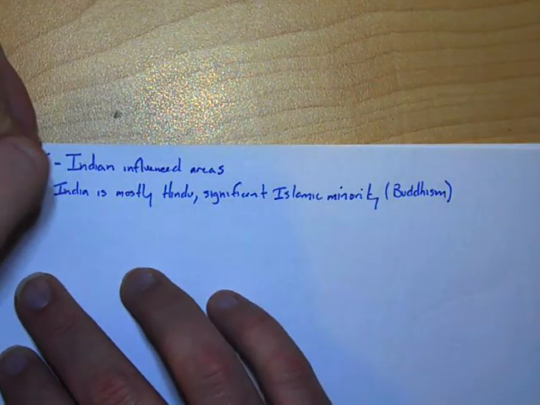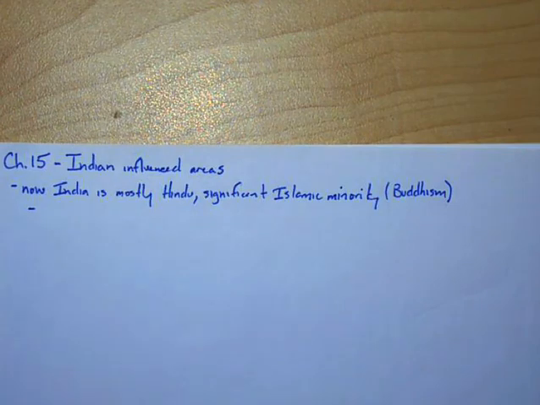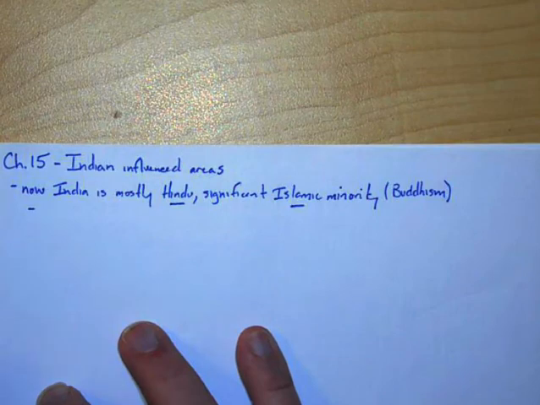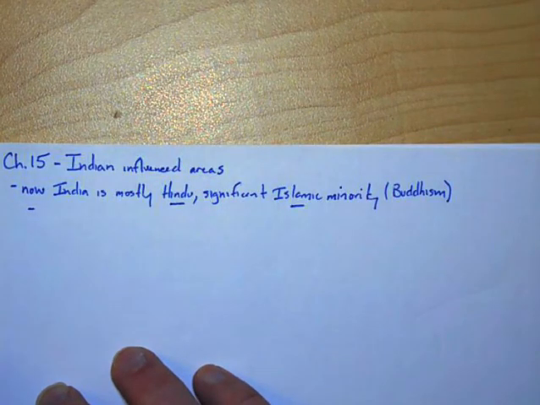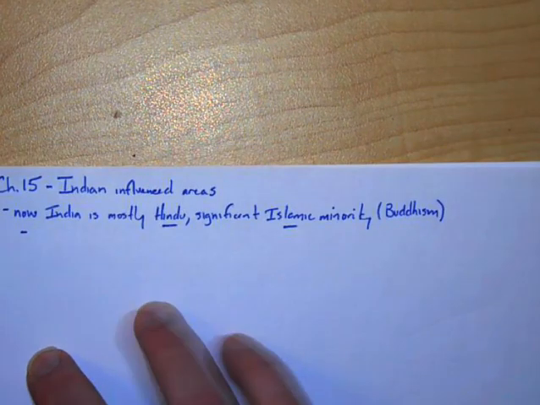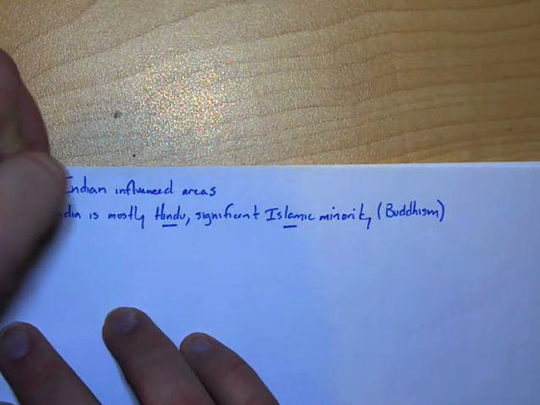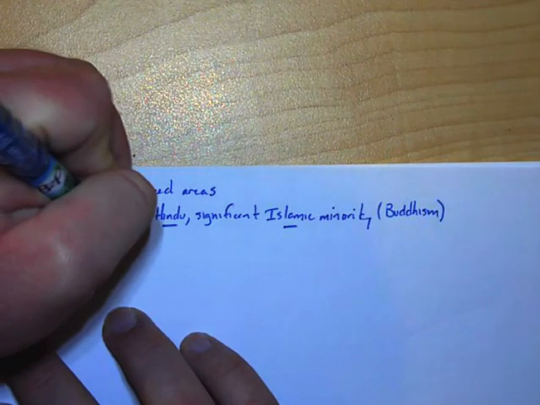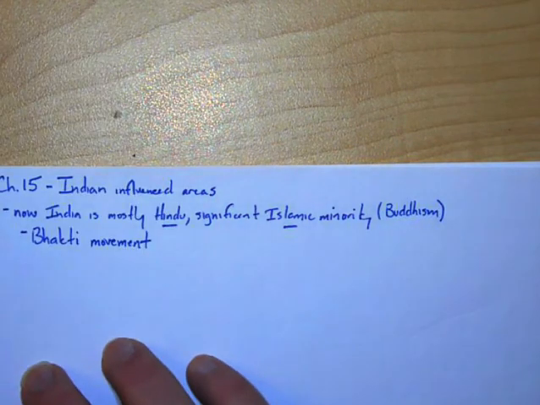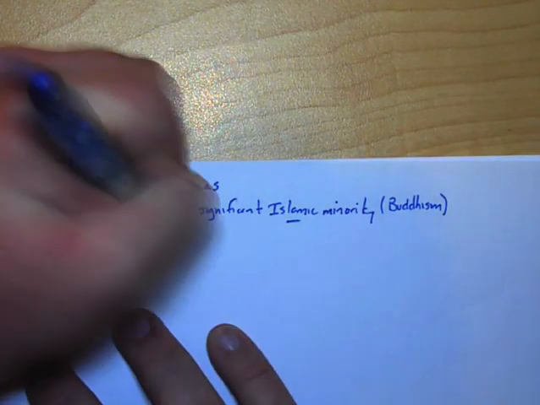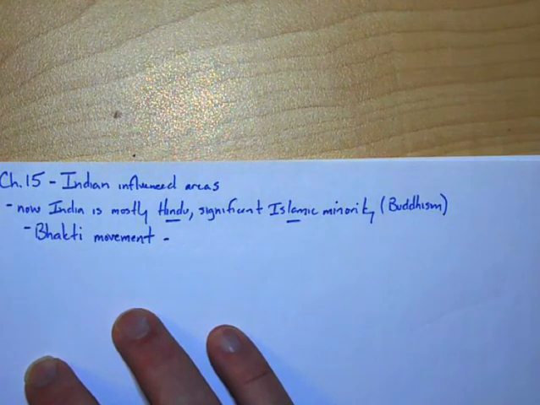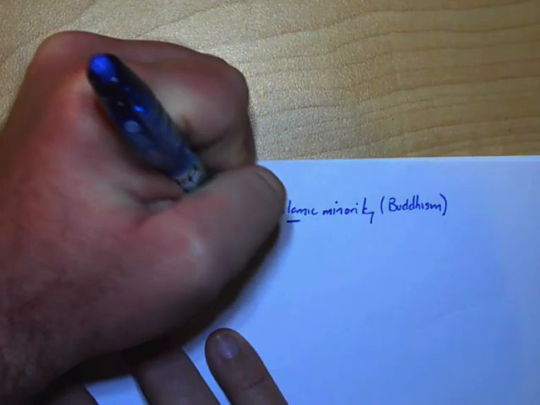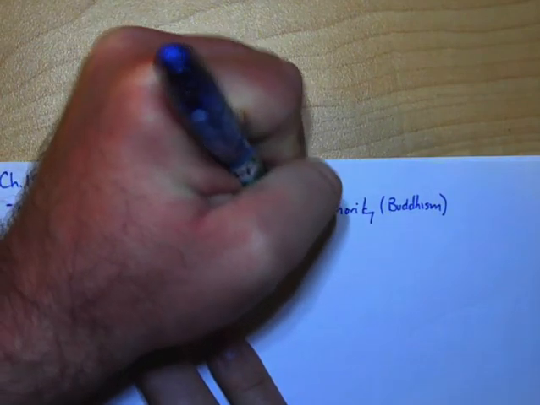And maybe the best way to get into the right mindset of this kind of dual Hindu Islamic influence is to think about this movement called the Bhakti movement. So the Bhakti movement was, I believe, a 10th century spiritual movement.